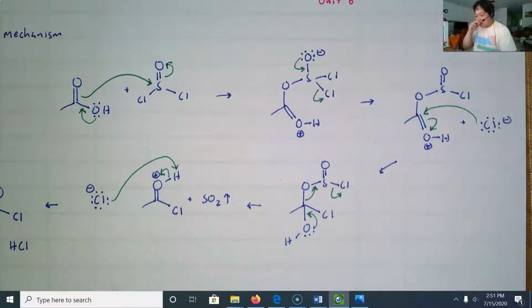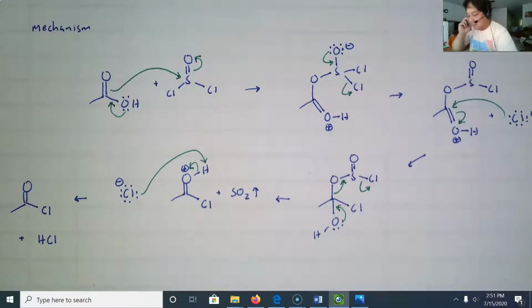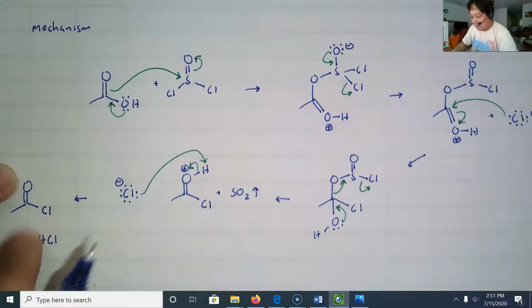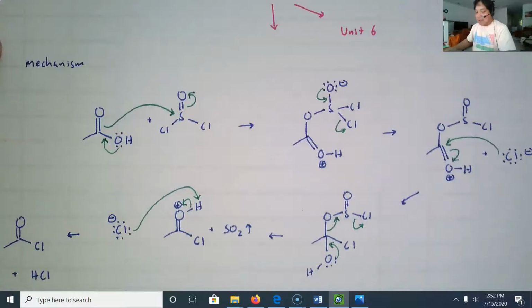And that's why people like adding base to this, because it will neutralize the HCl and make a salt. So the HCl doesn't have a chance to start doing other things like protonating this oxygen again and then having, maybe, solvent attack that carbon. But overall, that is the mechanism.